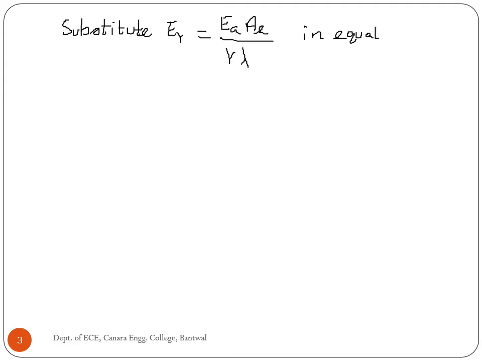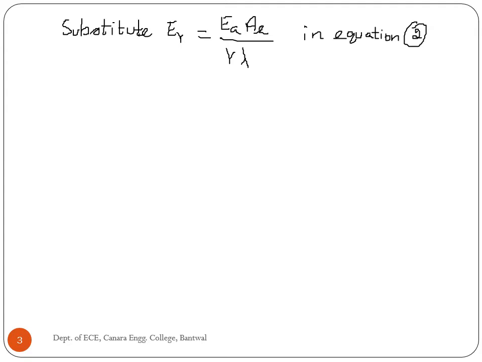Substitute ER equal to EA into AE divided by R lambda in equation 2.